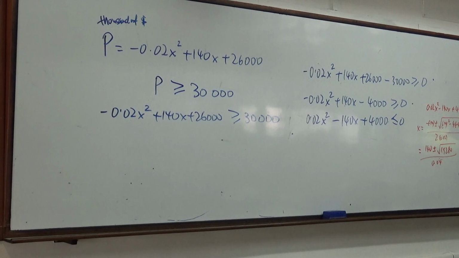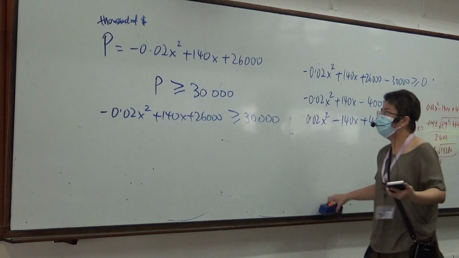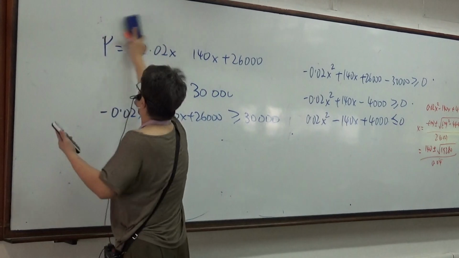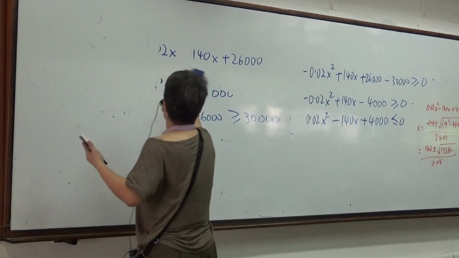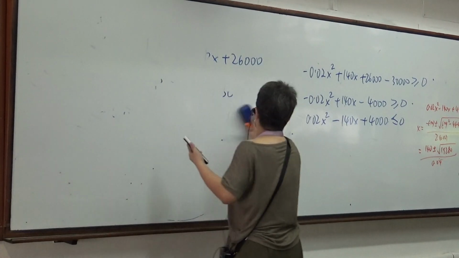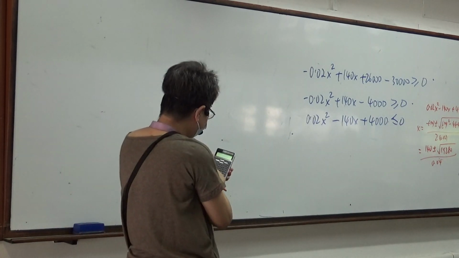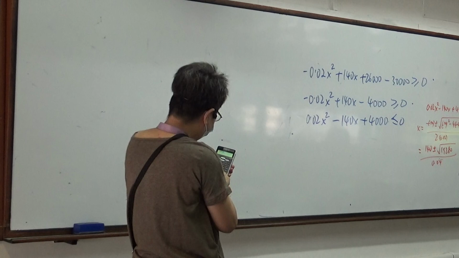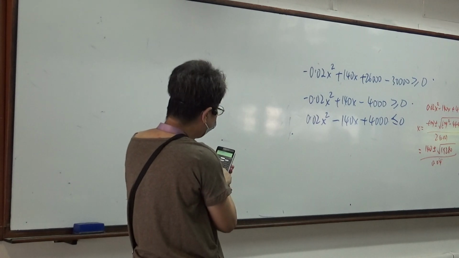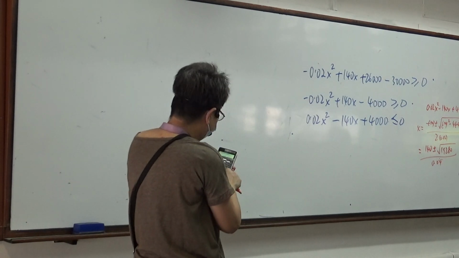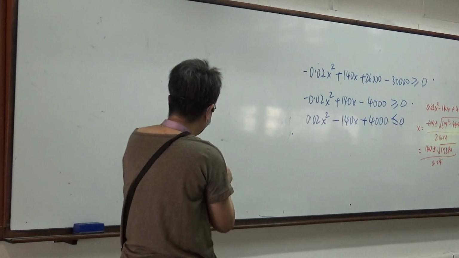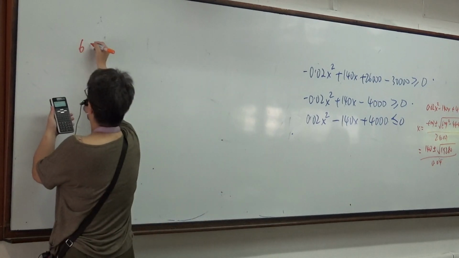Can or cannot? Cannot. Okay. I want you to solve for me now. What is the first answer? That means 140 plus the square root of 19280, divided by 0.04.